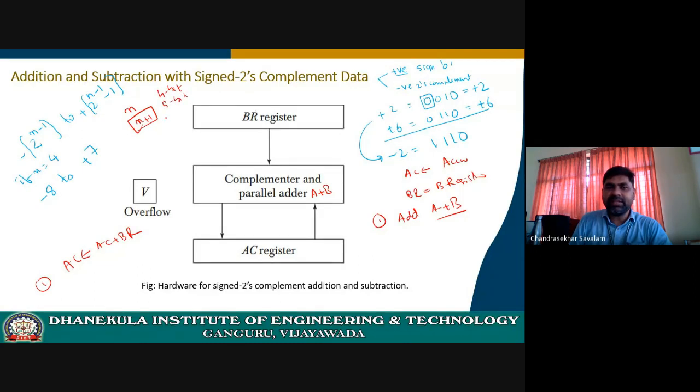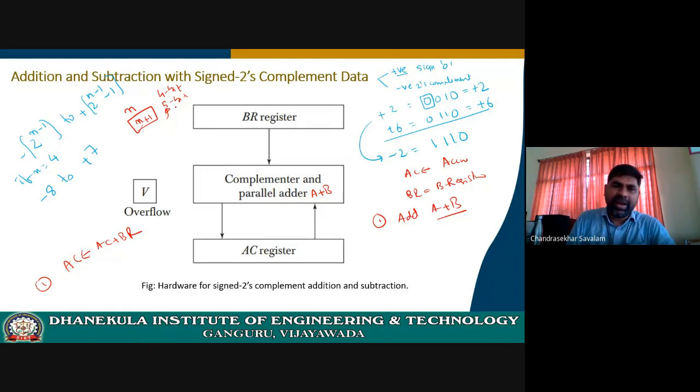In that case, this comes under overflow. The existing bit length is not sufficient to represent the result. In that case, the overflow bit must be 1. Later, the user must do some operations in order to get the correct results. So overflow occurring means you are getting wrong results. Whatever result is shown is not correct.